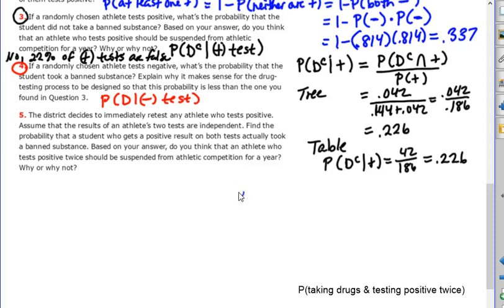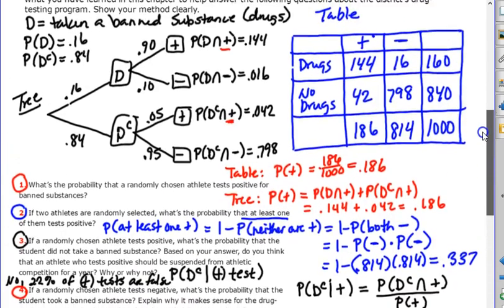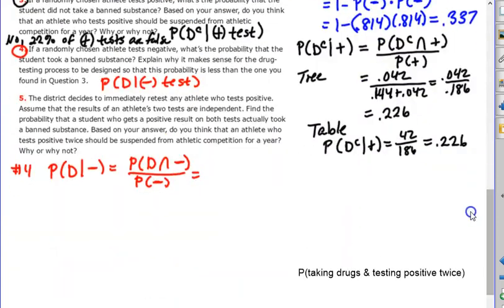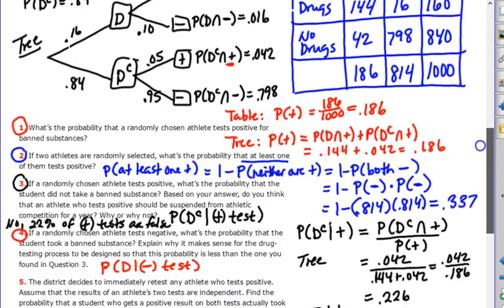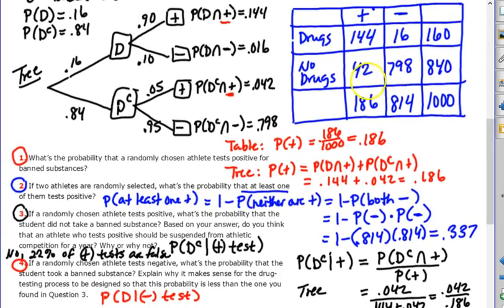Okay, so once again, let's look at both methods of doing this. So look at number 4 here. So we have probability of D given negative is probability of D and negative over probability of negative. So using the tree diagram, D and negative would be 0.016. Probability of negative would be 0.016 plus the other one where it's negative, which is 0.798.